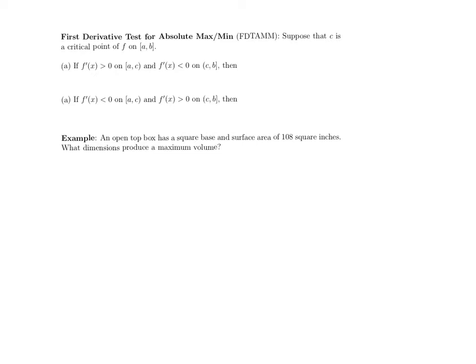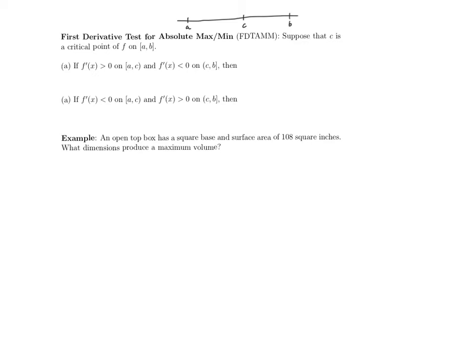I'm going to draw a number line to go with this. We have a function that we are hoping to maximize or minimize on a closed interval from a to b. And what we find is that c is some critical point between a and b.